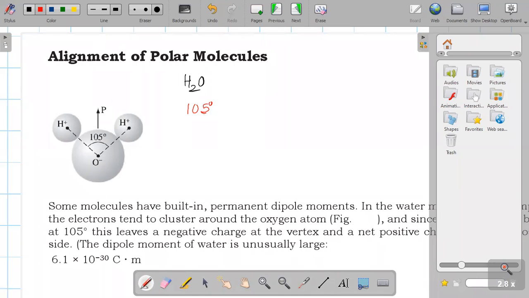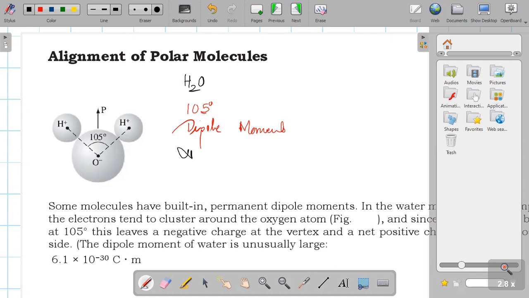Yes, loudly. Dipole moment. Very good. Sir, this is not on a linear axis, meaning it is not linear. Yes, superb.